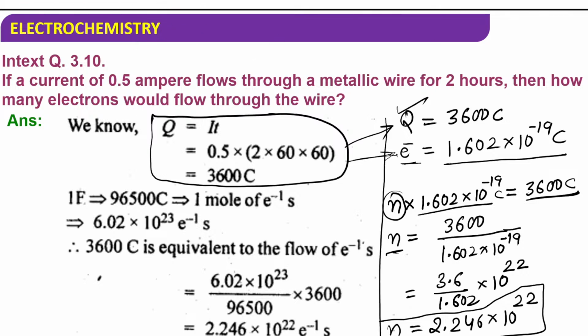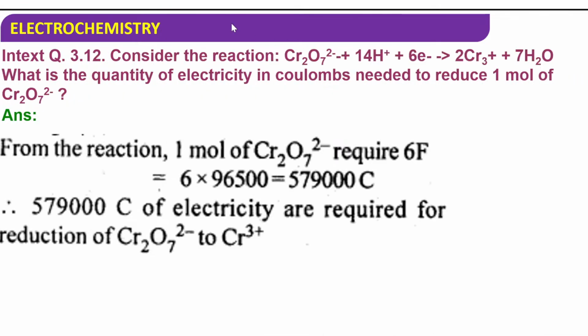Next question, in-text question 12. Consider the reaction Cr2O7 2- plus 14H+ plus 6 electrons gives 2 Cr3+ plus 7H2O. What is the quantity of electricity in coulombs needed to reduce 1 mole of dichromate?